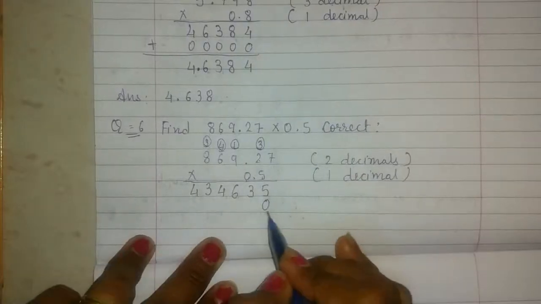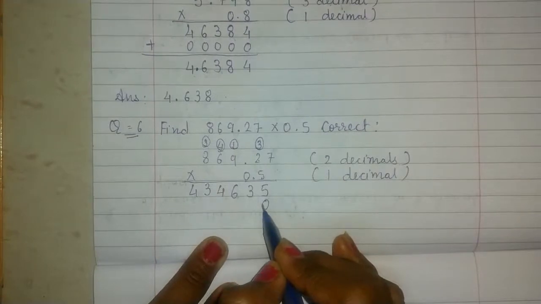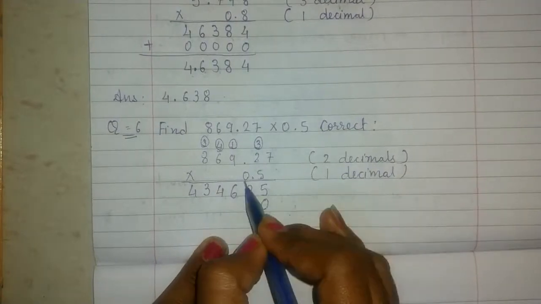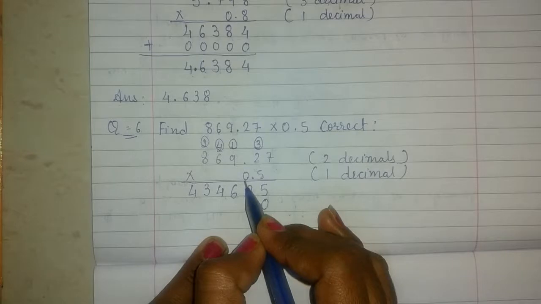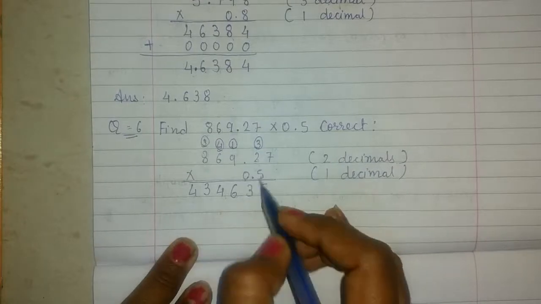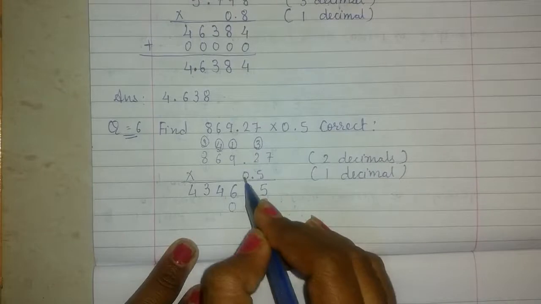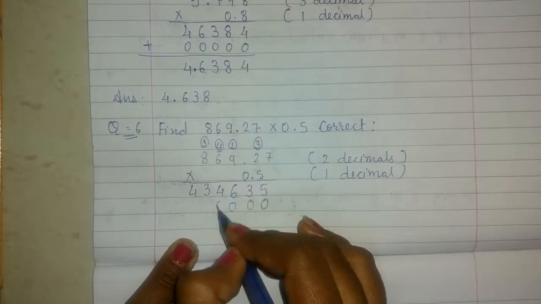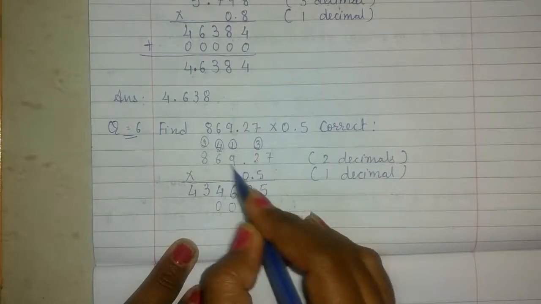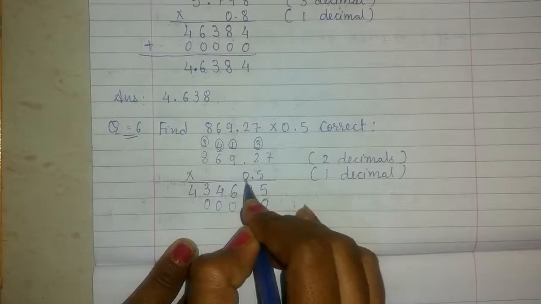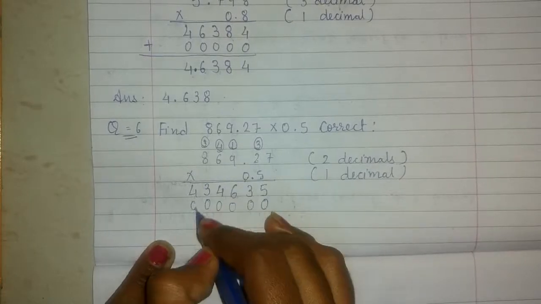Students, I have kept 0 over here as we are going to start multiplication of tens digit. Okay, so let's multiply with this 0 number. 0 sevens are 0, 0 twos are 0, 0 nines are 0, 0 6s are 0 and 0 8s are 0.